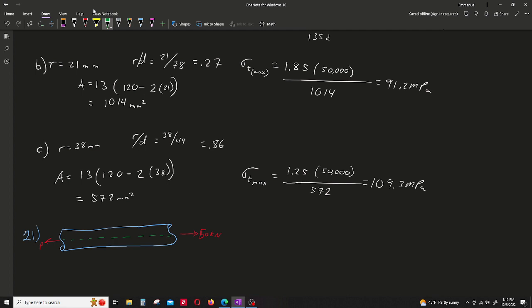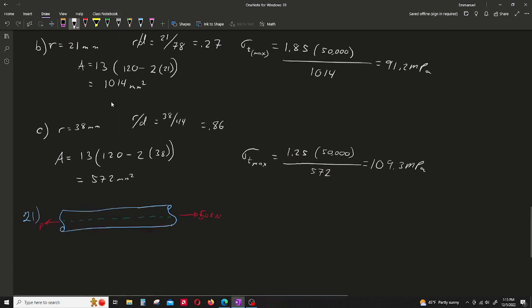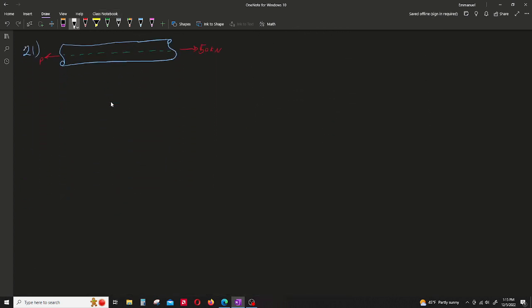Alright, so the first thing that we'll need to do here is solve for our tau prime max here.